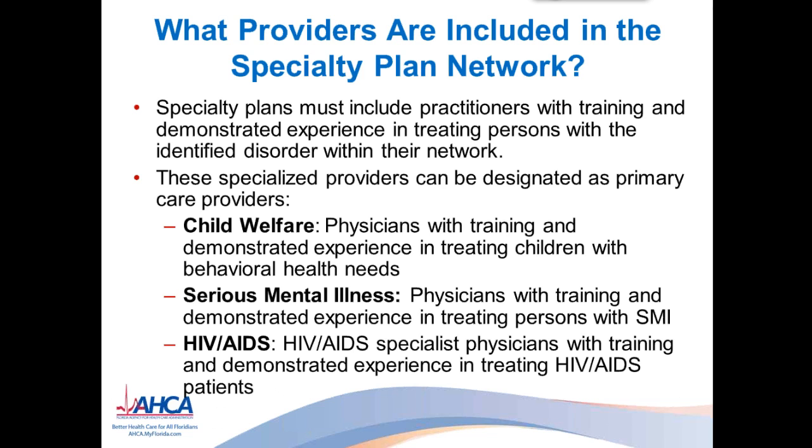What providers are included in the specialty plan network? Specialty plans must include practitioners with training and demonstrated experience in treating persons with the identified disorder within their network. These specialized providers can be designated as primary care providers.